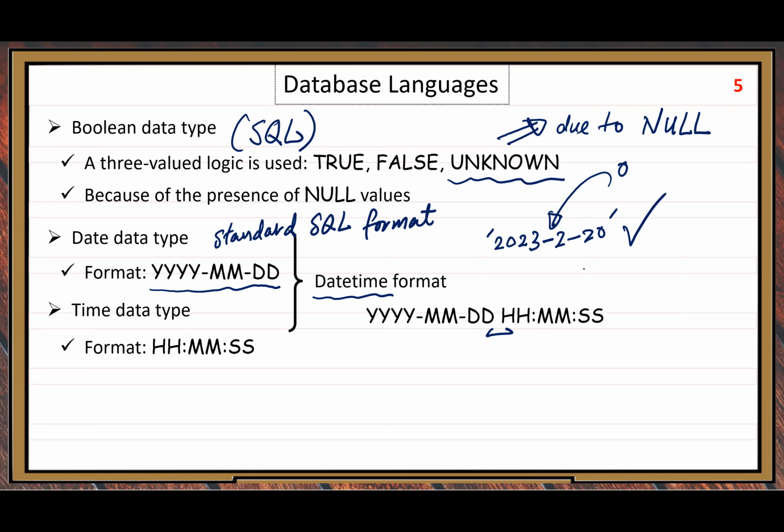Similarly, for the day, suppose 5, it won't be treated as a violation. For that kind of reasonable small difference, SQL has the tolerance to make it the right format automatically. So don't worry about that situation.